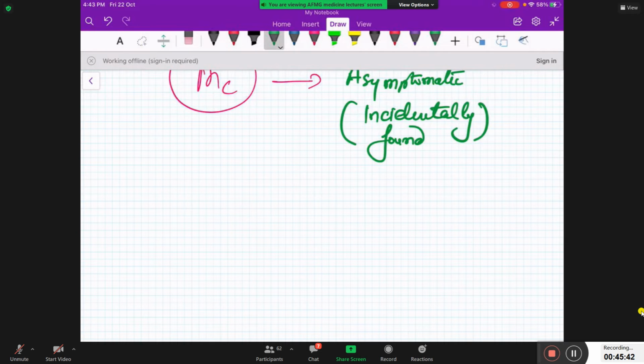And when you inquired from her whether she ever had a pain in her upper abdomen in past, she says, I never had pain in my upper abdomen in past. So she is a female who has incidentally found a gallstone. So what advice are you going to give to her for these gallstones?